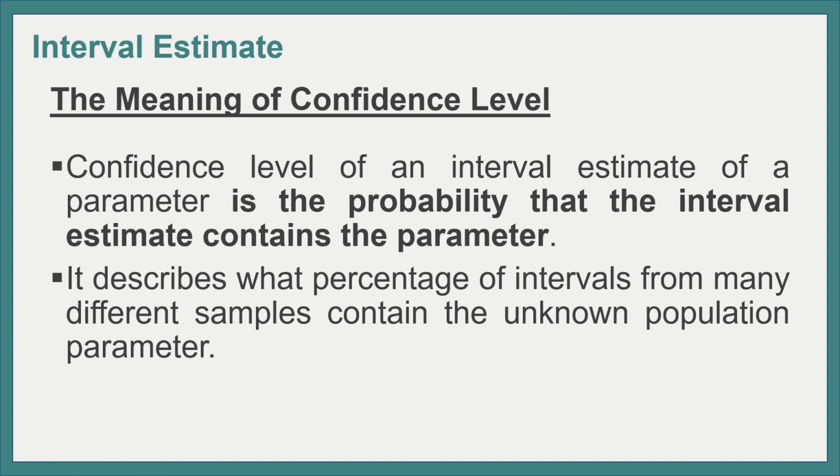For example, if we have 10 samples with 100 sample size each, and our confidence level is 95%, then we can say that 95% of the time, the sample will contain our true population mean, or the true population parameter.